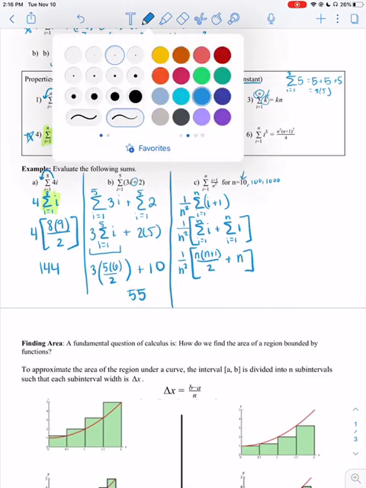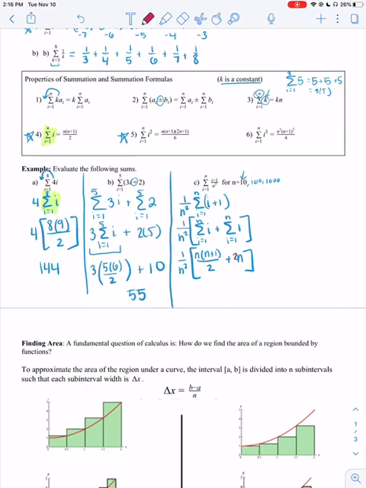And then I would make a common denominator here. So that would be 2n over 2. And then I would distribute that. So I see I'm getting n squared plus n, and then I have plus 2n. And so now n squared plus n plus 2n is going to be n squared plus 3n over 2.